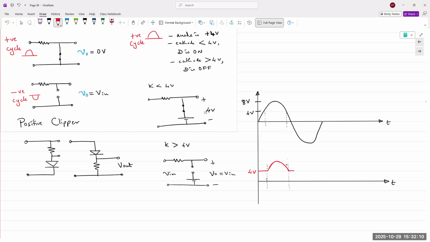Now, what happens in the negative half cycle? It flatlines. Because it's negative, diode is always on. If diode is always on, then the battery is connected there. So all the way through the negative half cycle, which is, let's say, up to this point, we obtain a flat line.